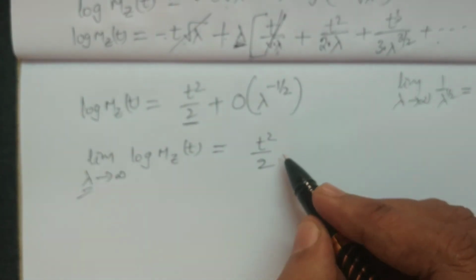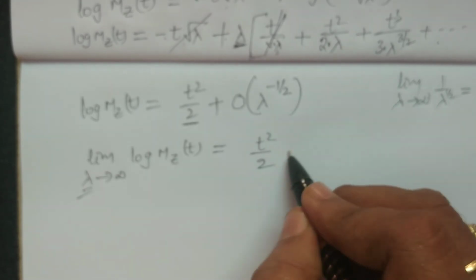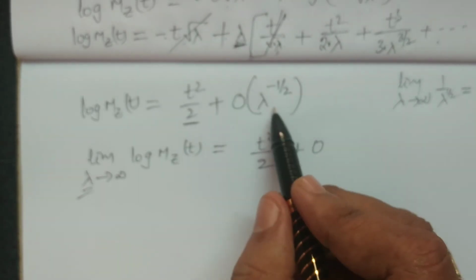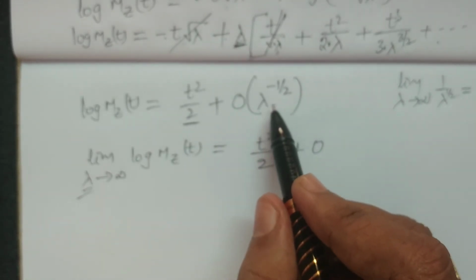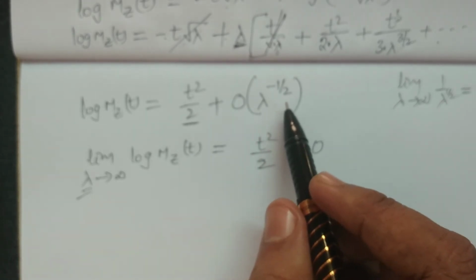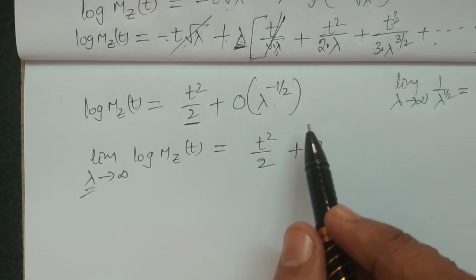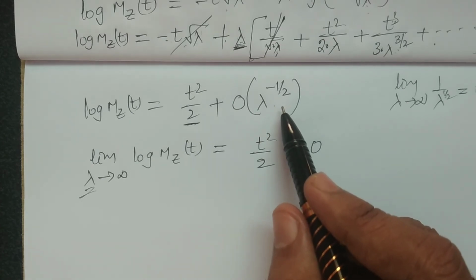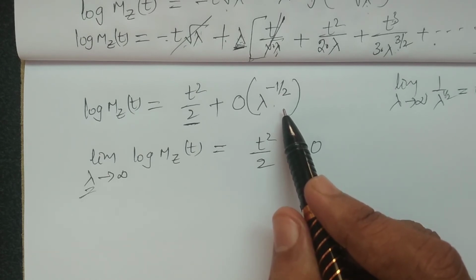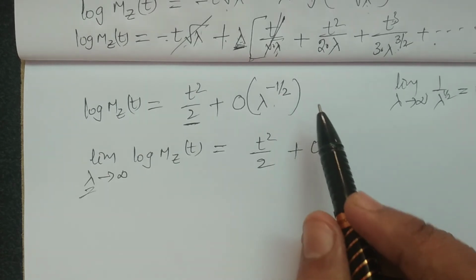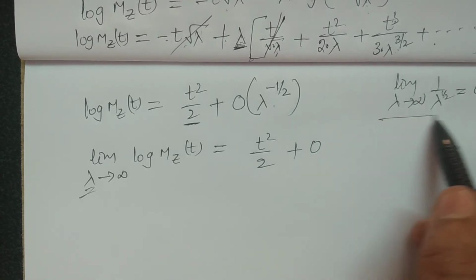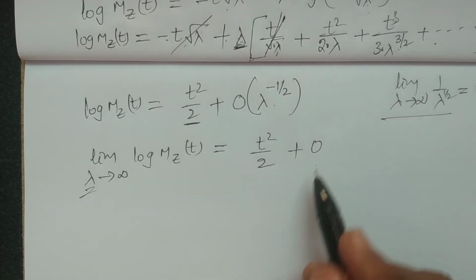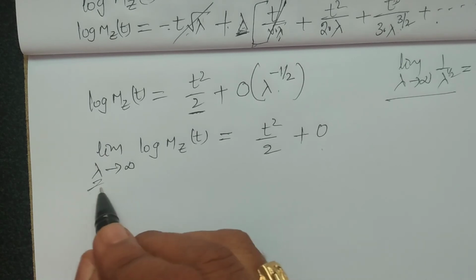Plus this term is 0, because we are applying the limit as lambda tends to infinity. So all the terms of order lambda power minus 1 by 2 consist of lambda in the denominator. Therefore, if you apply the limit lambda tends to infinity, we get 0. So this is the final answer.